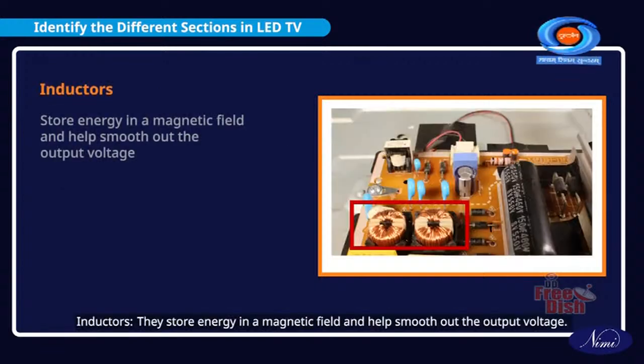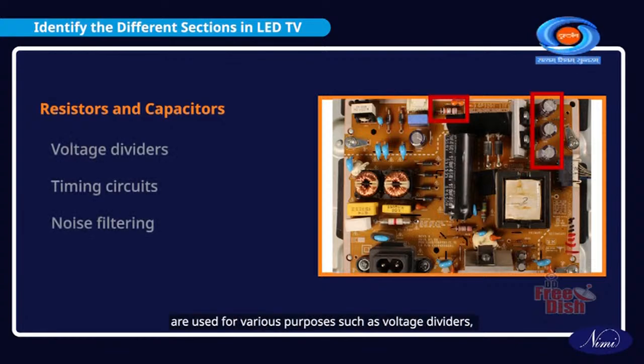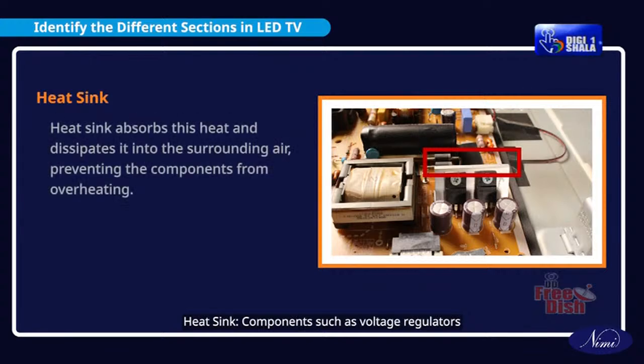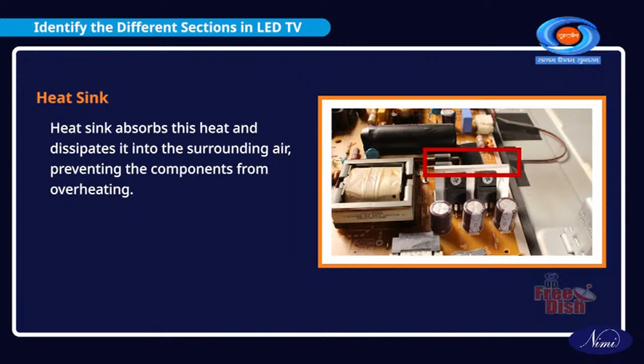They store energy in a magnetic field and help smooth out the output voltage. Resistors and capacitors. These passive components are used for various purposes such as voltage dividers, timing circuits, and noise filtering. Heat sink. Components such as voltage regulators or switching transistors may generate heat during operation.